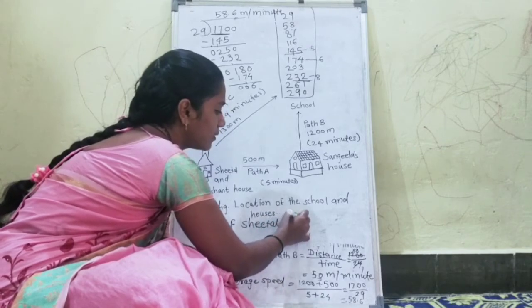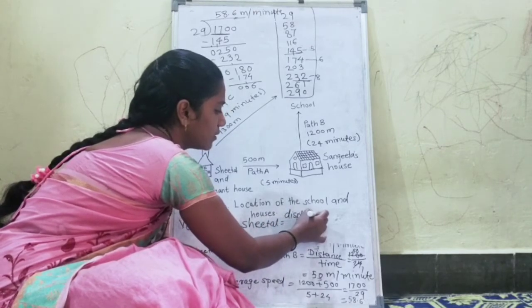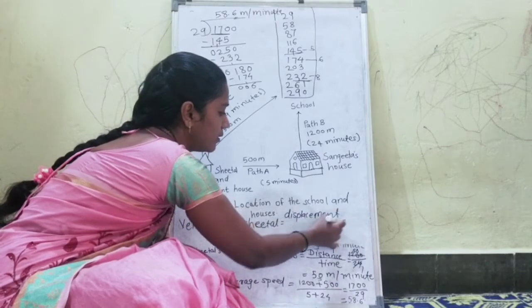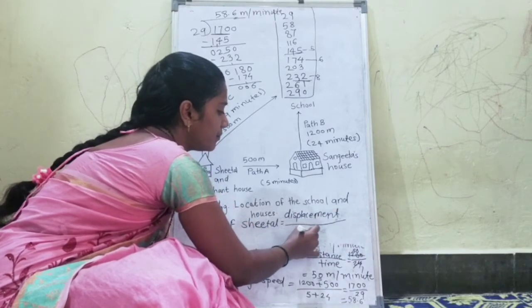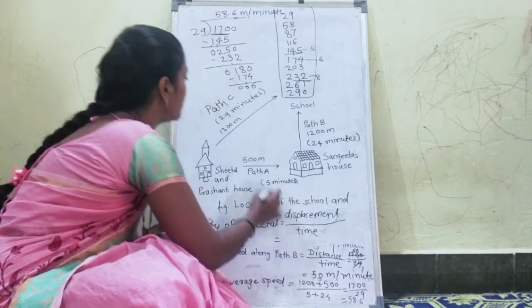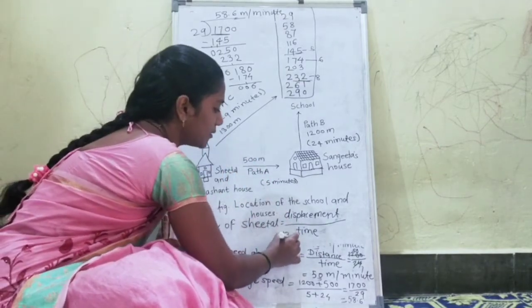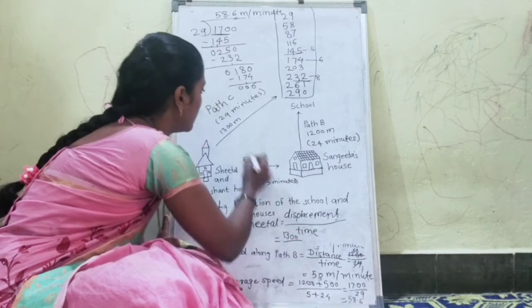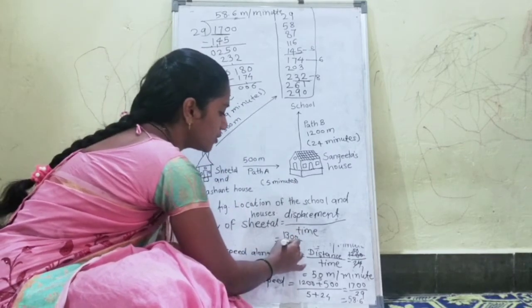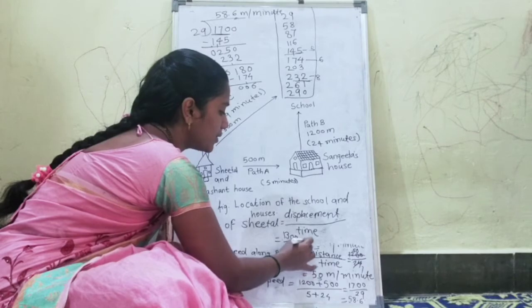Displacement upon time. What is the displacement covered by Sheetal? 1300. And the time required to complete this displacement is 29.